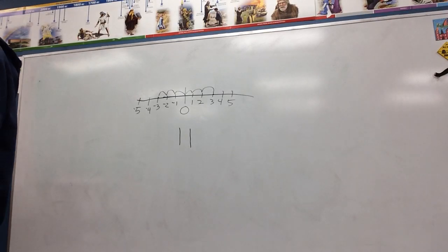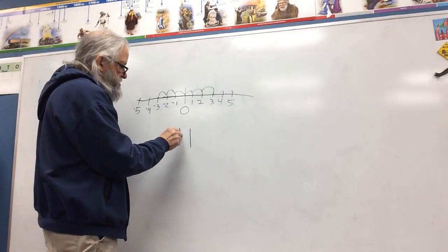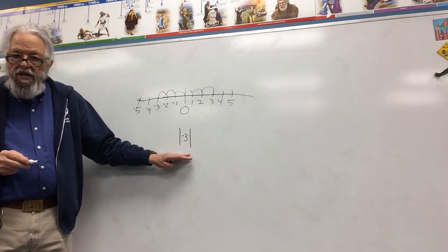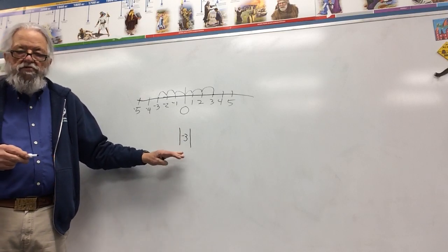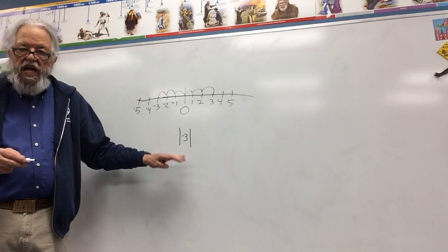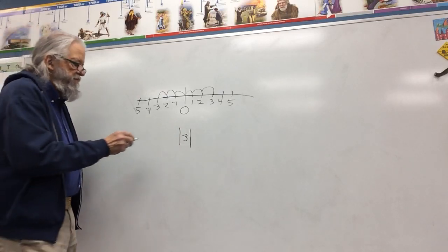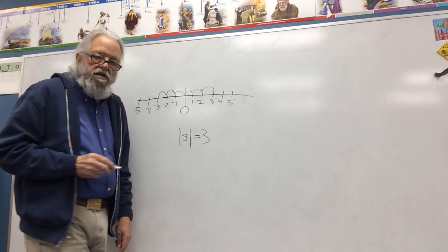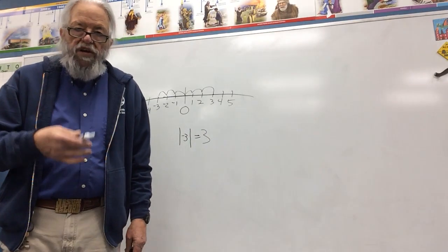And so if I did this, I would read that as the absolute value of 3, or the absolute value of -3. Okay? The absolute value of -3 is 3. That just tells you that it's 3 away from 0.